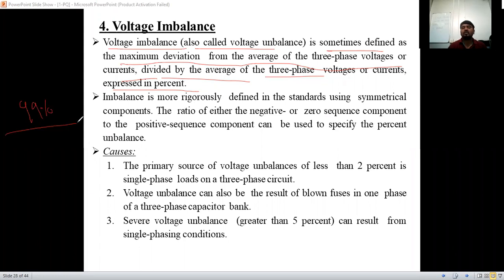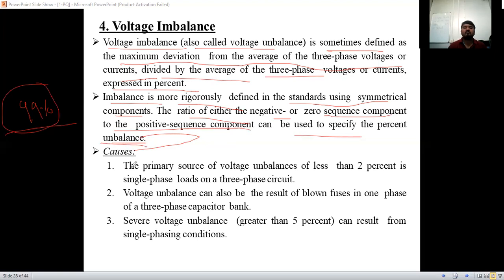Imbalance is more rigorously defined in the standards using symmetrical components. The ratio of either the negative or zero sequence component to the positive sequence component can be used to specify the percentage of unbalance.